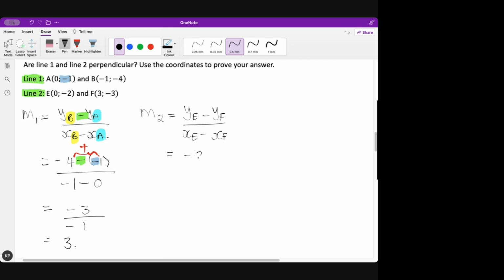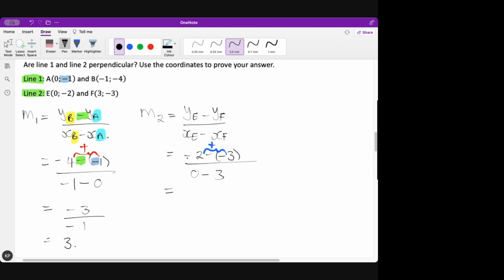That is -2 minus y coordinate for F, -3. Great. Divided by my x coordinate for E, which is a 0, minus x coordinate for F. Nice, guys. You guys are going fast. Great. Again, I have this minus. What's going to happen with these two negatives? They give me a positive.